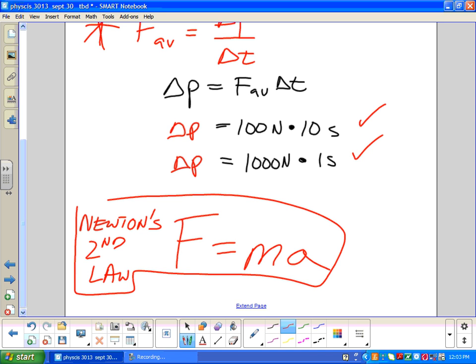So force equals ma. When we start getting ready to break bridges, which is still out there, force equals ma. Acceleration times the mass of an object equals a force. That's why when Tim's running down the hall, I'm a little nervous about him running into me.